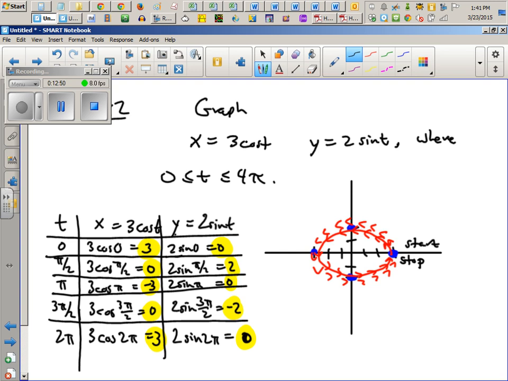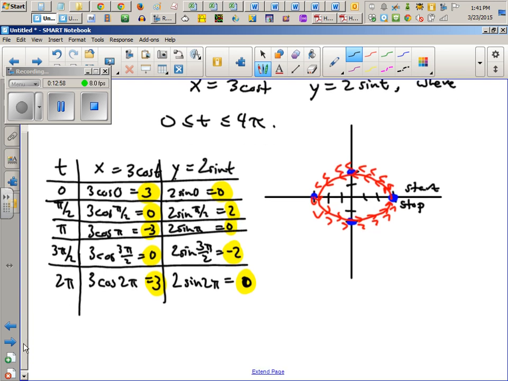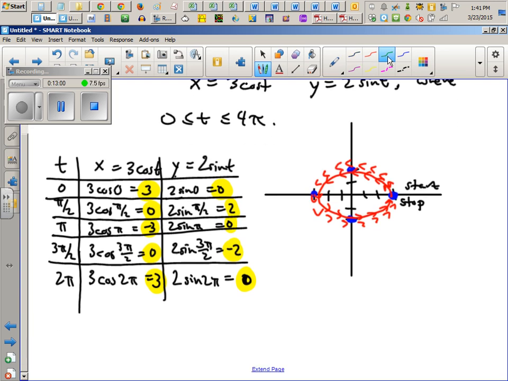Well, what we did last time to test for what kind of path it was, we tried to eliminate t from the problem. So let's try to do that. To determine the shape or path, eliminate t.